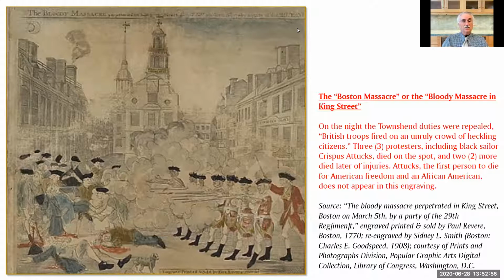On that night, British troops fired their guns on an unruly crowd of heckling citizens. Three protesters, including black sailor Crispus Attucks, died on the spot, and two more died later of injuries suffered in that attack. Crispus Attucks, the first person to die for American freedom, and an African American, does not appear in this engraving.